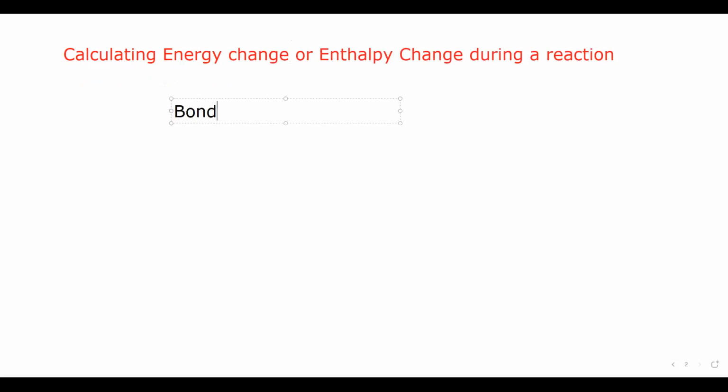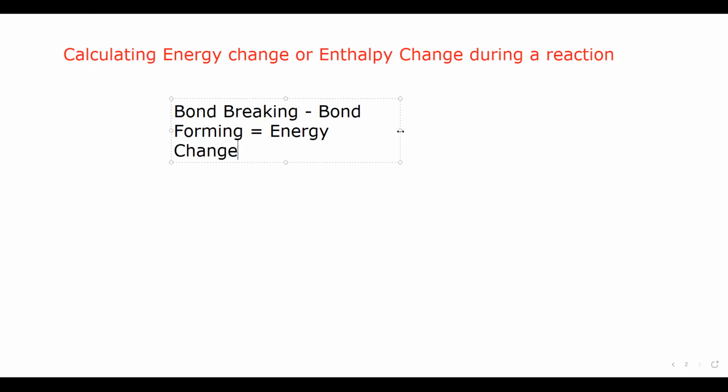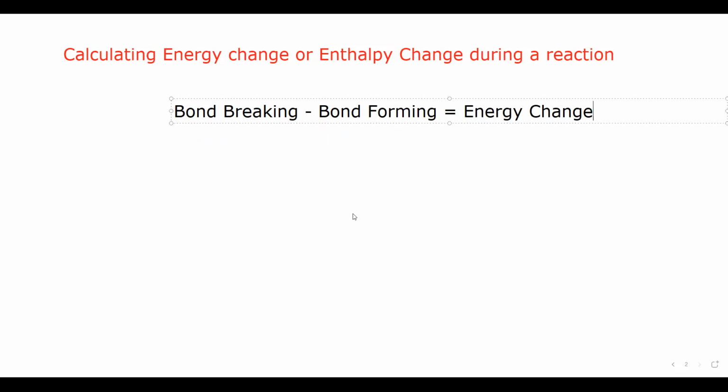The formula is: bond breaking minus bond forming is equal to the energy change, also known as the enthalpy change. This is how we calculate the energy change during a chemical reaction. So the formula is bond breaking minus bond forming.